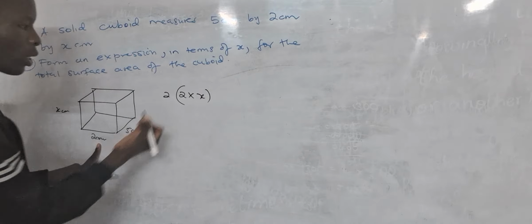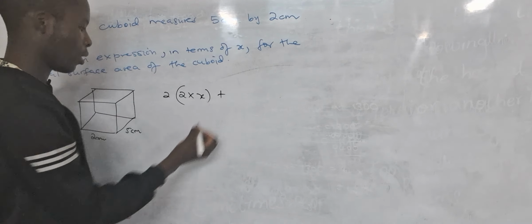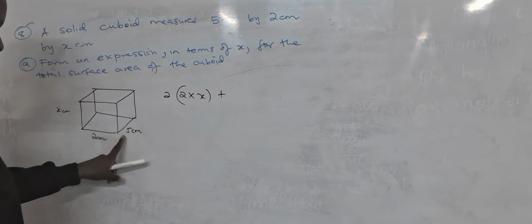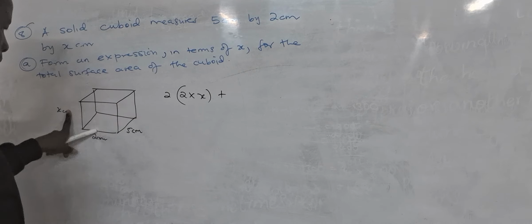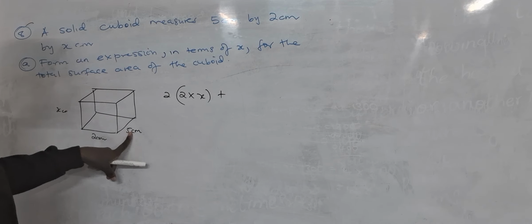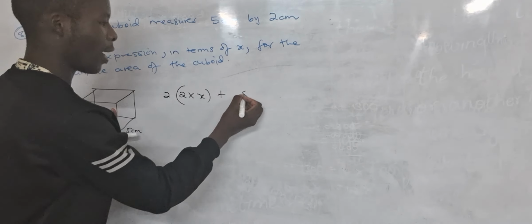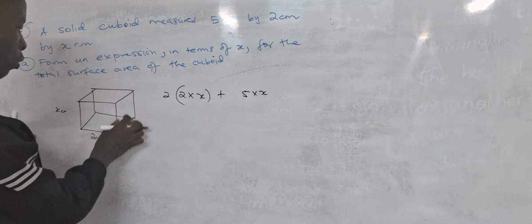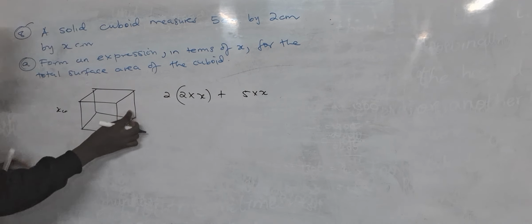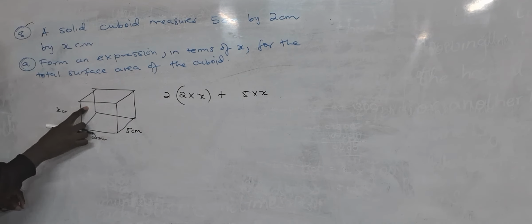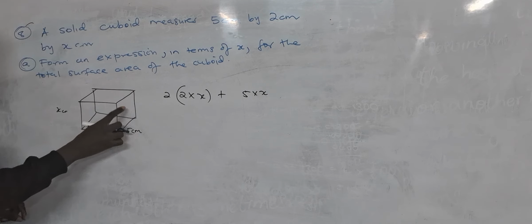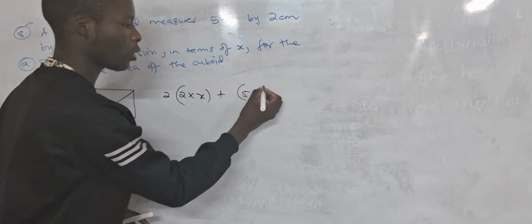So you have 2 faces. Plus here, this is the length which is 5 and this is the height which is x. So this is 5 times x. 5 times x will give you the area of this face. But you also have the opposite of this face which is exactly the same as this one.